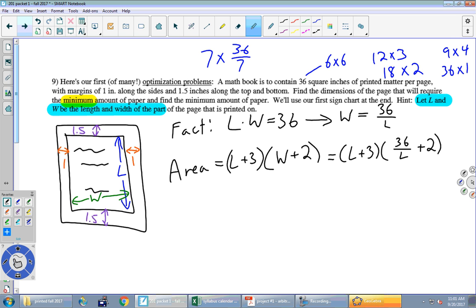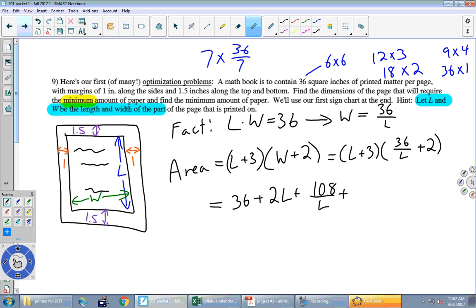Okay, let's distribute this. Not ready to do any calculus just yet, but FOILing, first times first gives me 36, right? Because the L's cancel, that's convenient. Plus outers, 2L, plus inners. Yeah, so 3 times 36 is 108. 108 divided by L, that sounds good.